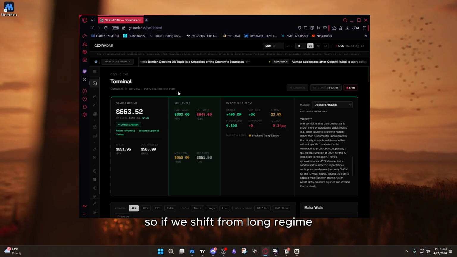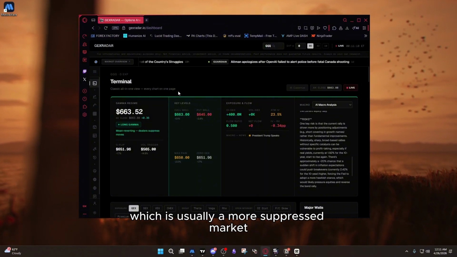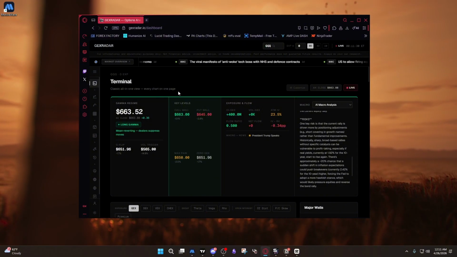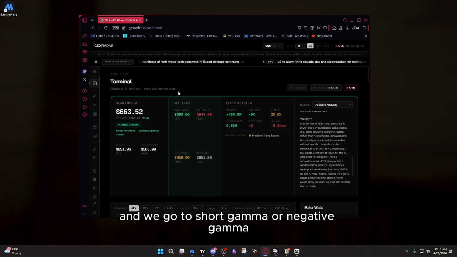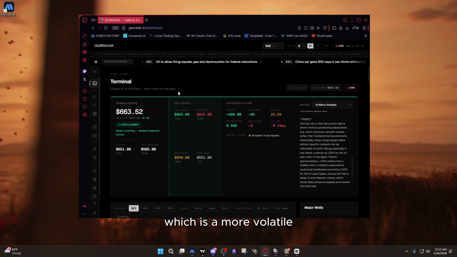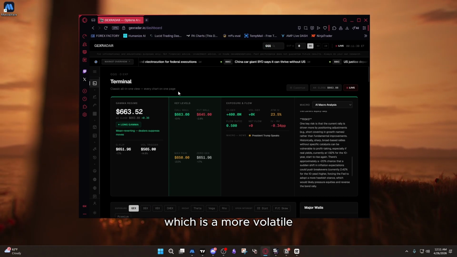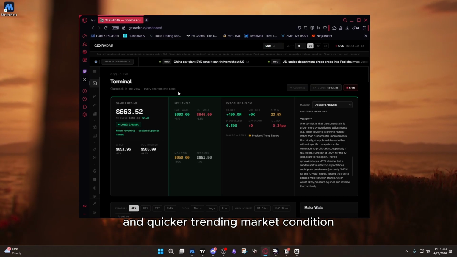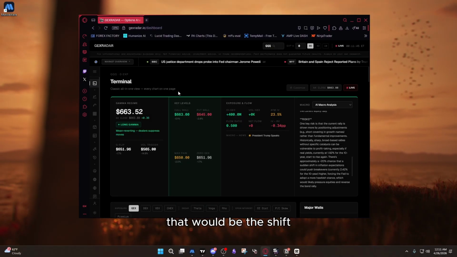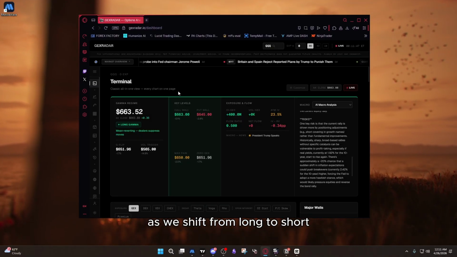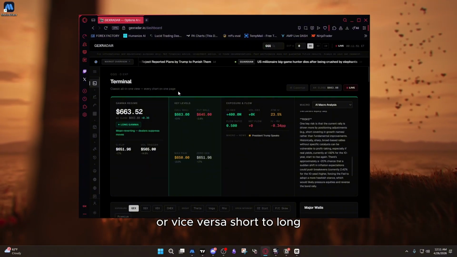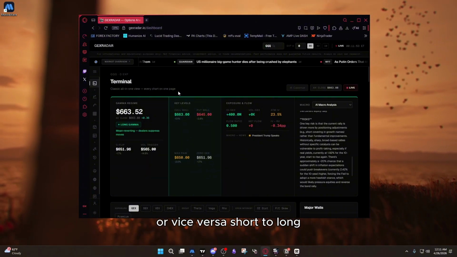So if we shift from long regime, which is usually a more suppressed market condition, and we go to short gamma or negative gamma, which is a more volatile and quicker trending market condition, that would be the shift, and you'll be able to expect that as we shift from long to short or vice versa, short to long.